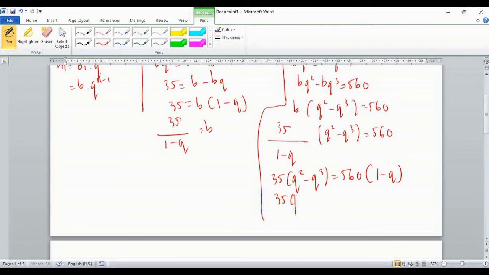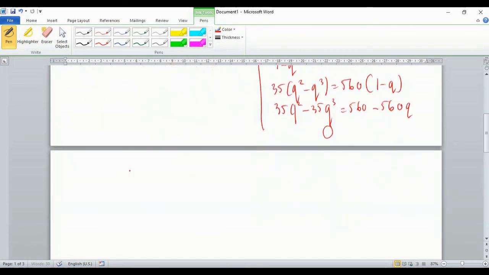35 k squared minus 35 k to the power 3 equal to 560 minus 560k. So make one side equal to 0. I want to put it on the left side. Okay, I will continue on the new page.